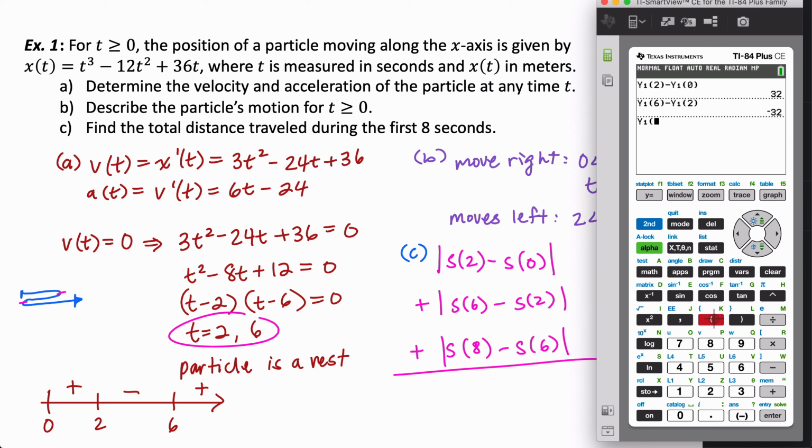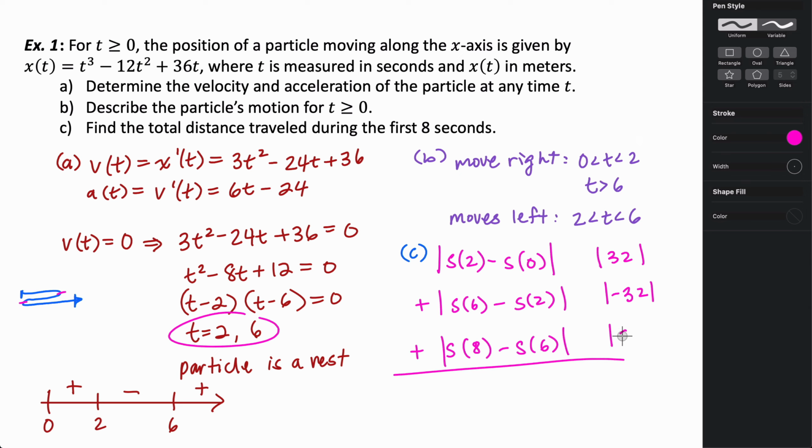So y1 of 8 minus y1 of 6 gives me 32 again, coincidentally. So absolute value of 32. We're going to add all of those up. So 32 times 3 is 96. So the total distance traveled is 96, and what's our unit? Meters. 96 meters in the first 8 seconds.